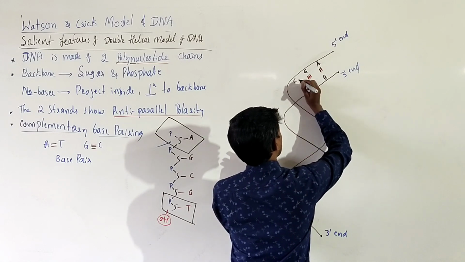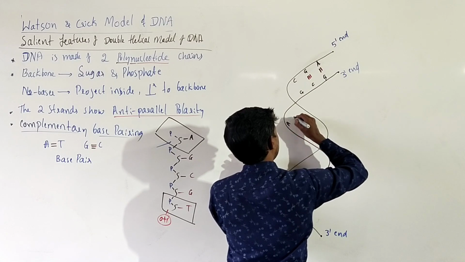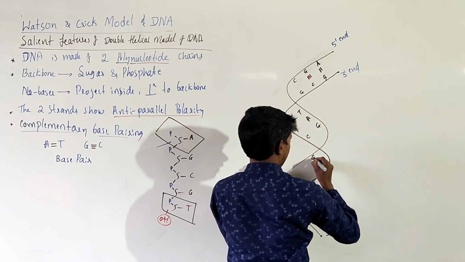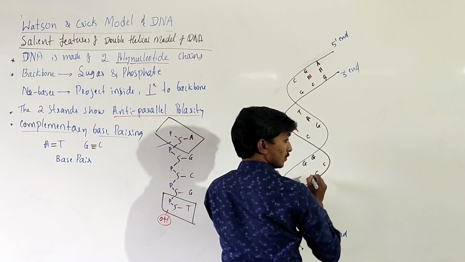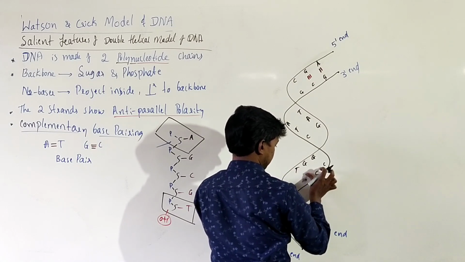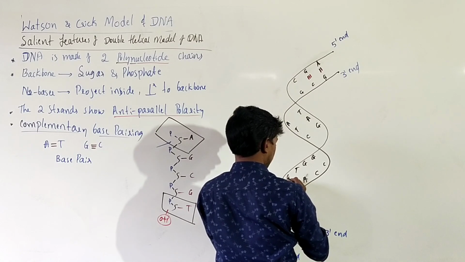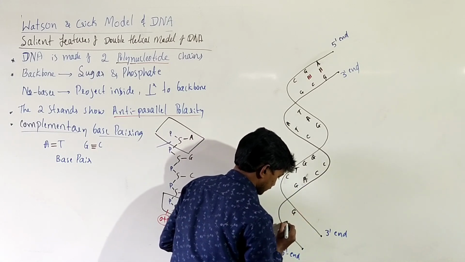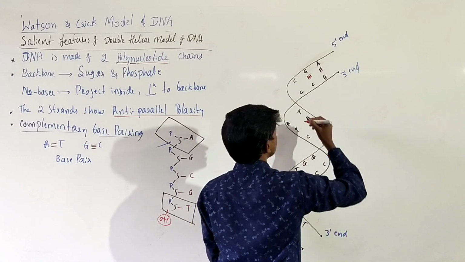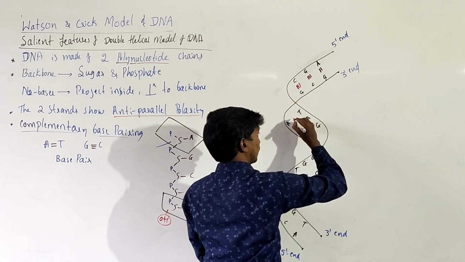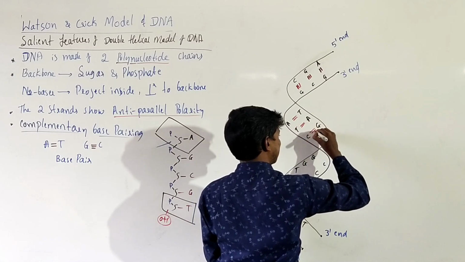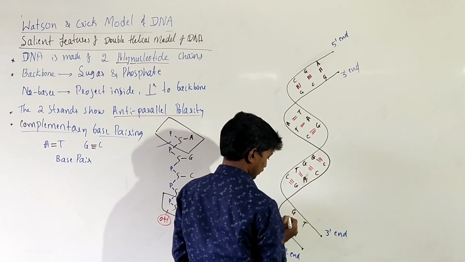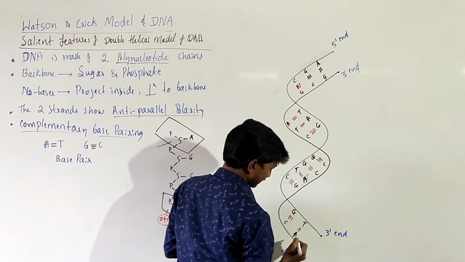Similarly, cytosine, guanine, adenine, thymine, thymine, adenine, cytosine, guanine, and so on. So 3 hydrogen bonds, adenine-thymine 2, thymine-adenine 2, 3, 2, 3, like that.